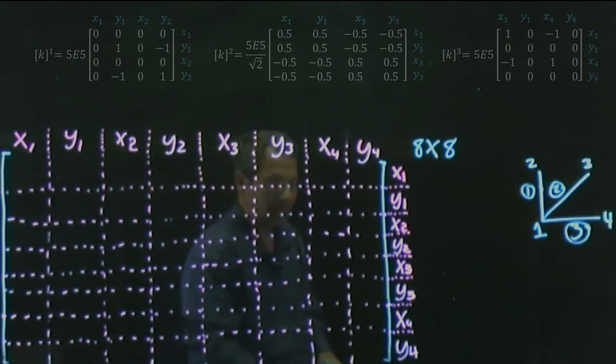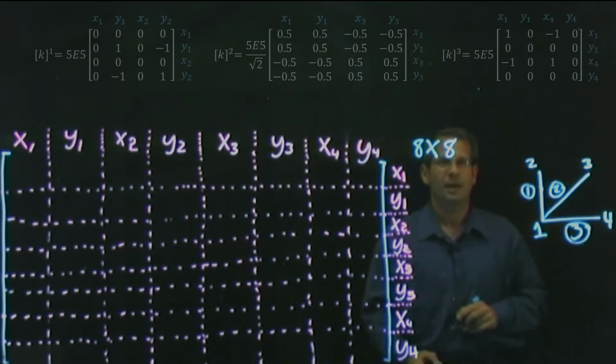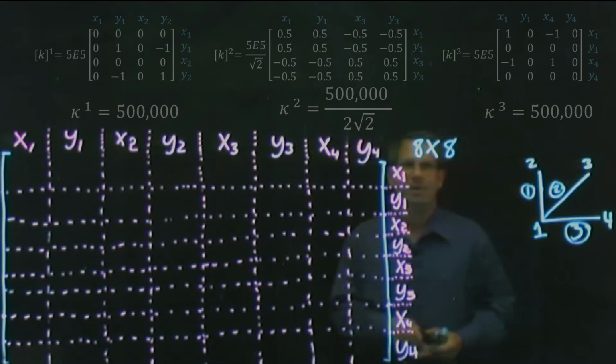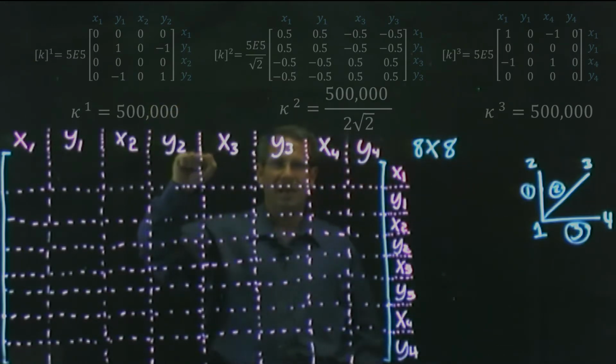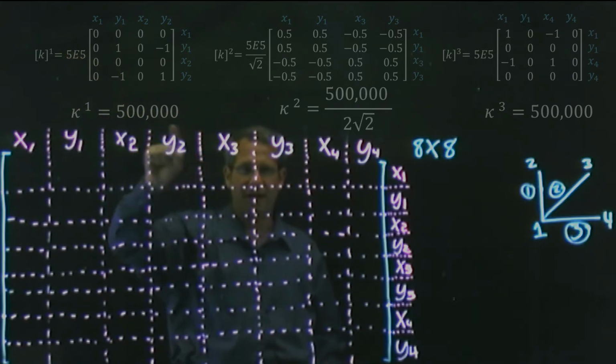Now, to make things a little easier, because this is a fairly straightforward problem, I'm going to give some new notation. I'm going to say that 500,000, which is the same as 5e5, is equal to kappa superscript 1.